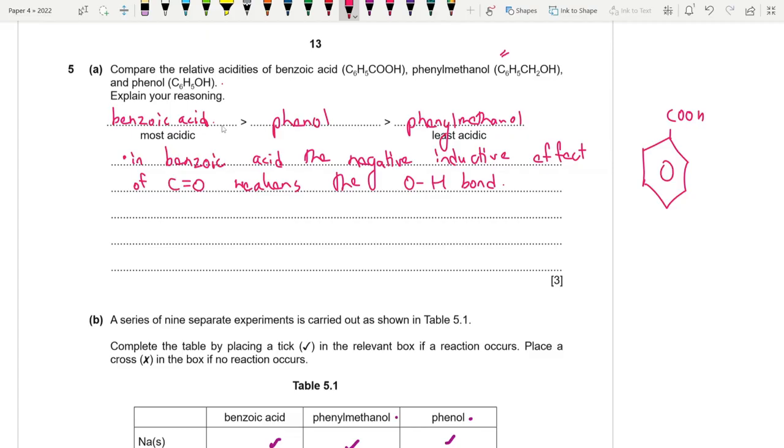Or you could use alternate wording. You could say that basically the carboxylate ion is stabilized due to delocalization.